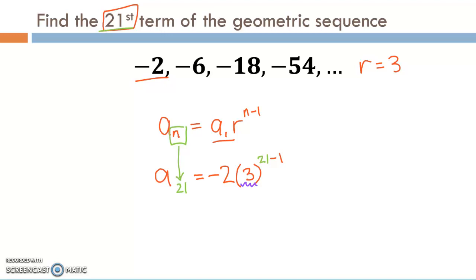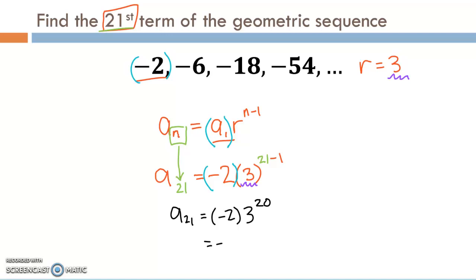My 3 is my common ratio I found, and then my -2 is my a sub 1, because that is my first term. So there's all those pieces. So I'll get that my 21st term is equal to negative 2 times 3 raised to the 20th power. That is a big exponent, so we end up getting a really big number once we plug this in.